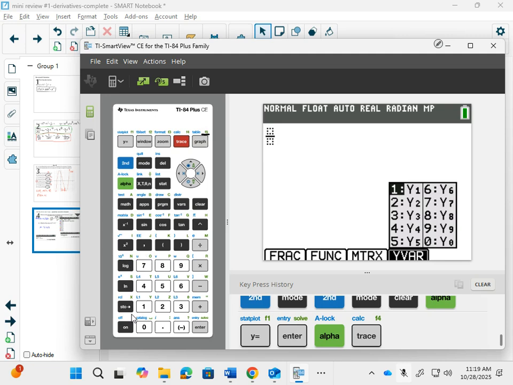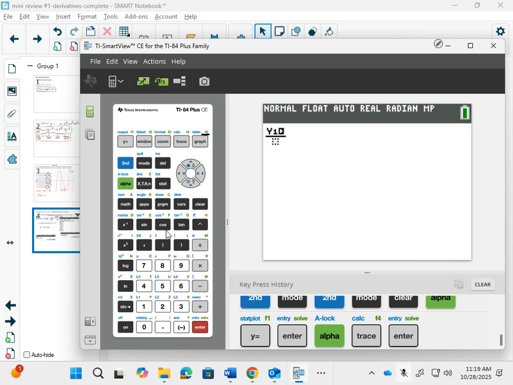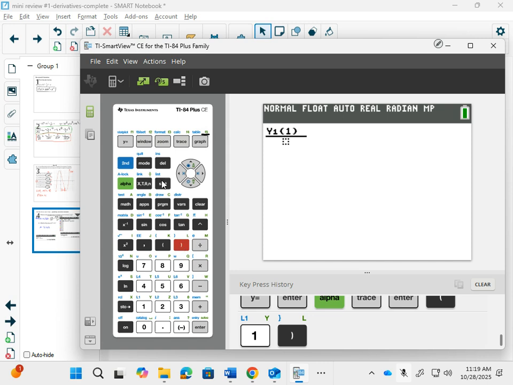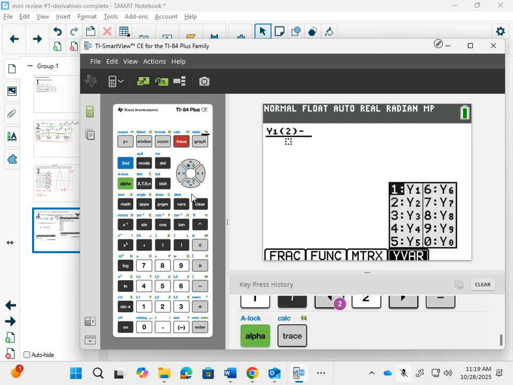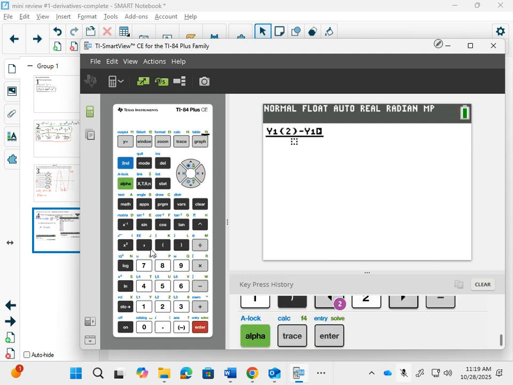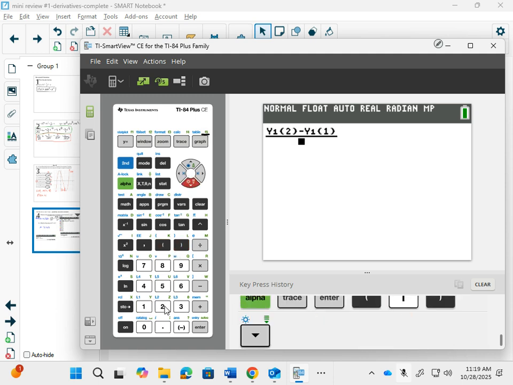So I want to take y1, and I'm going to plug in, sorry, plug in 2 to begin with. And then I'm going to subtract y1 when I plug in 1, over 2 minus 1. Which the bottom, you probably didn't need to do that. You could probably have gotten away with knowing that that was 1 and not divide by anything.